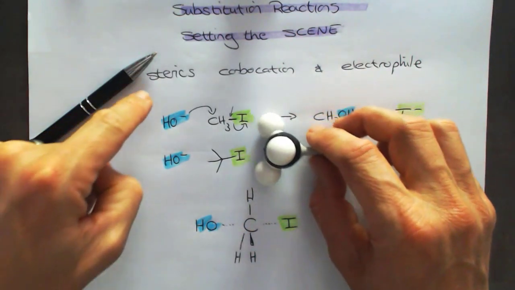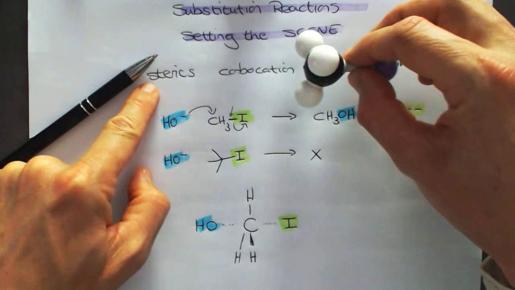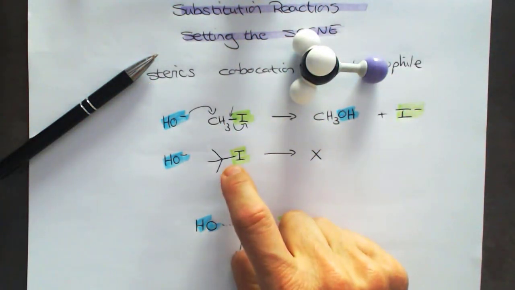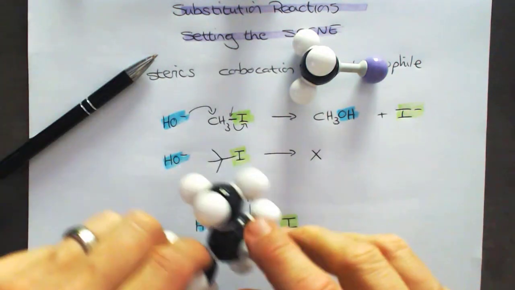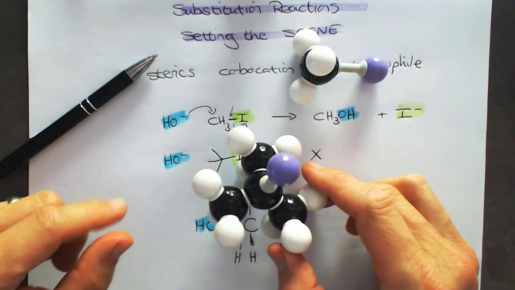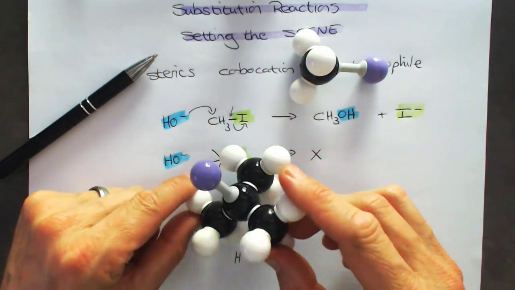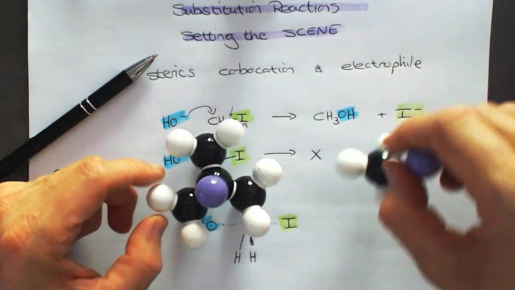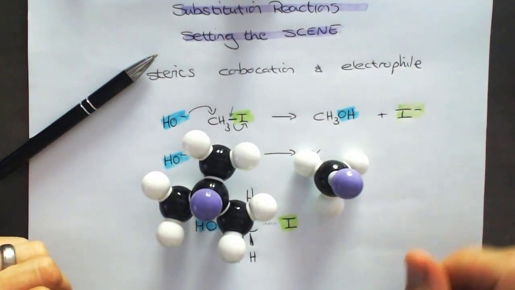So let's go back to why sterics is important over here. And that is because on this molecule over here, it's really difficult for the nucleophile to get in. So it's helpful if I go and look at a molecule of that. Now have a look at this. This is a really big, clunky molecule. This is tertiary butyl iodide, and it's extremely big. So those are the two equivalents next door to each other.